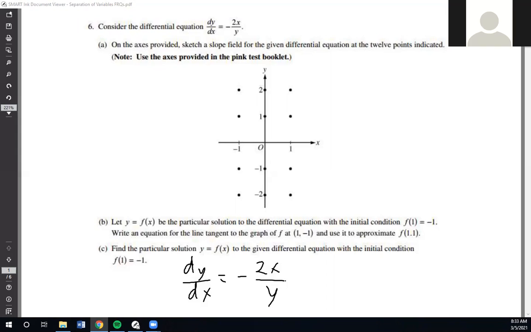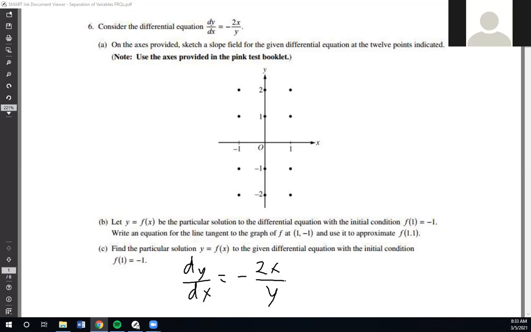Like I had said when we did slope fields, you can have a few different systems for doing this and for getting your equations. The way I'm going to do this first one is by saying, first of all, this doesn't exist when y is 0. That's why there's no points to graph here, because they don't exist. But it does exist when x is 0, and I know some people miss this on the test.